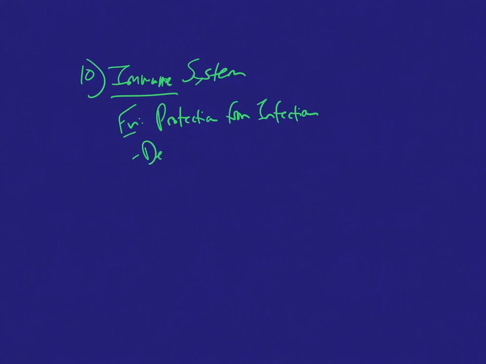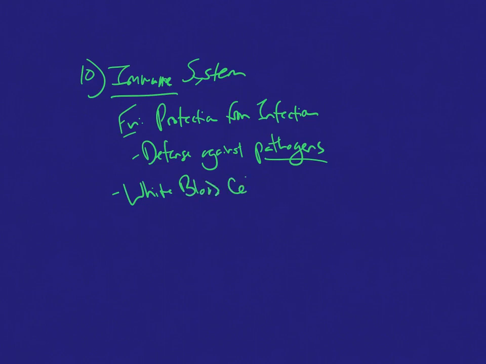Right, so this is defense against pathogens or infectious diseases. The primary kind of player in your immune system are your white blood cells, called leukocytes, right? And you also make some, we'll call them associated proteins that are part of your immune system as well. This, again, is a really complex system. It's a fun one to talk about, but I don't want to belabor the point here.